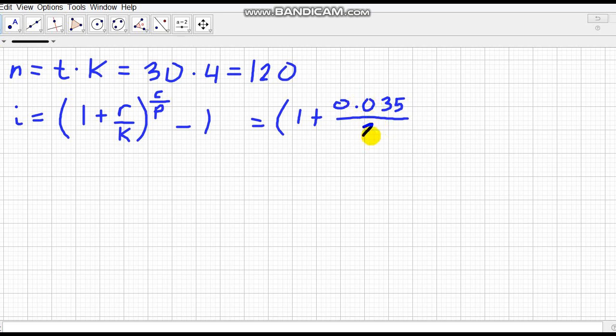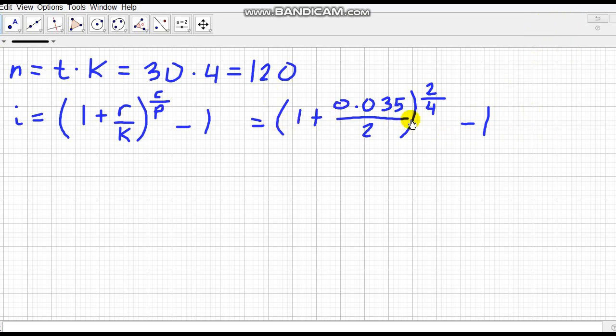So let's have c over p. We have the semi-annual compounding, so that would be 2. And for the payments, there are 4 payments in 1 year, so it's quarterly. So it's 2 over 4, then minus 1.